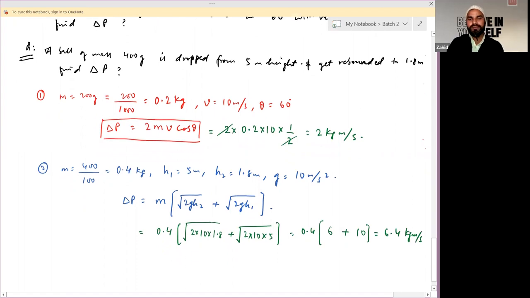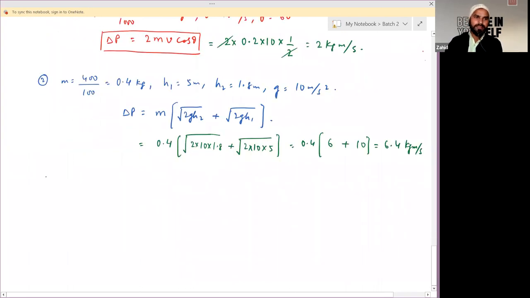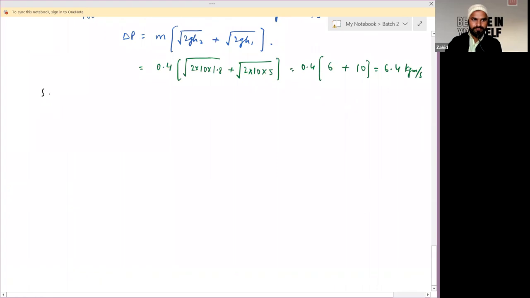Is it clear to all of you till this part? Yes, sir. Okay. Now, using this momentum, the next term is Newton's second law.